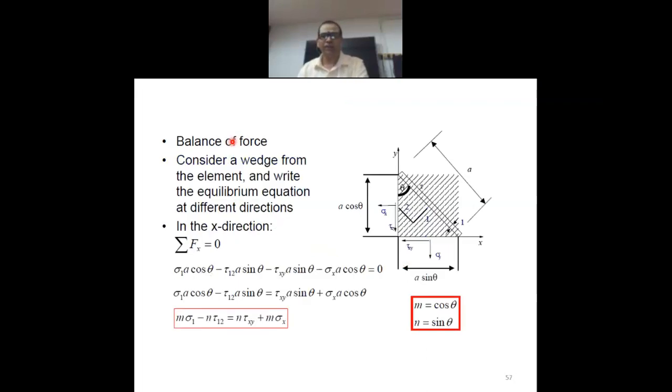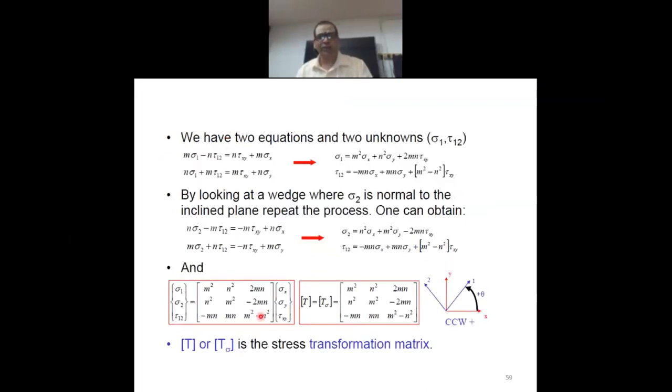Following that, finally we get this, where sigma 1, sigma 2 and tau 12 are on-axis stresses, and sigma x, sigma y and tau xy are off-axis stresses. The connectivity matrix is called the transformation matrix, T sigma, where m refers to cos theta and n refers to sin theta. If theta is 0, sigma 1 is the same as sigma x, sigma 2 is the same as sigma y, and tau 12 is the same as tau xy. If theta is not 0, then these stresses are different.